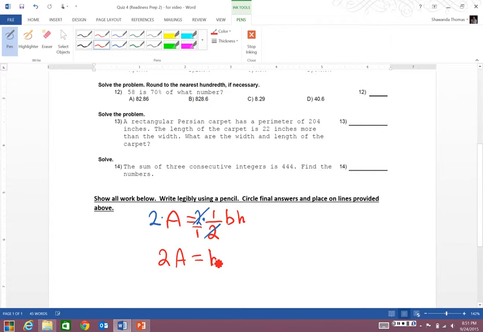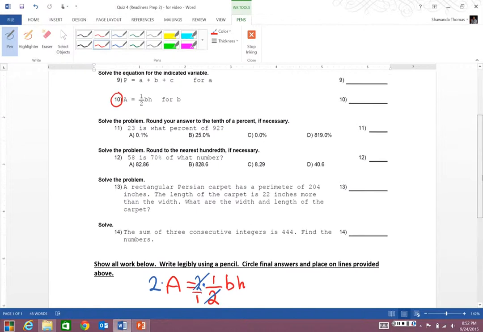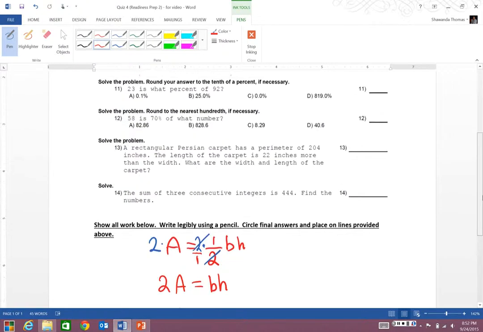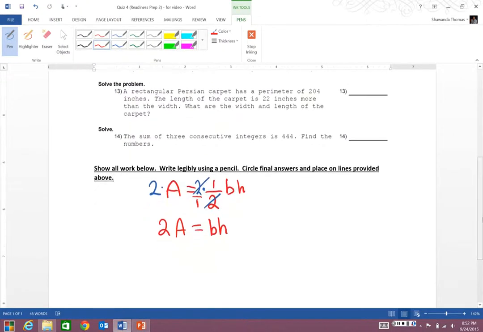And then we put B times H. Now again, we are solving for B, so we need to keep B on one side by itself. That's why we need to get rid of the H from the right side. If we get rid of the H, we will have B remaining. B equals 2A over H. So this is your final answer.